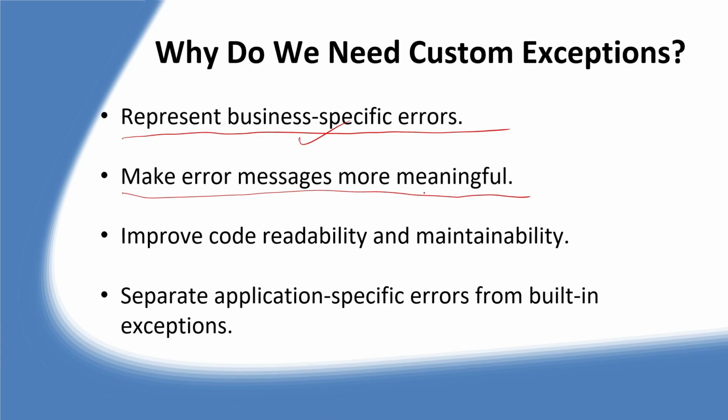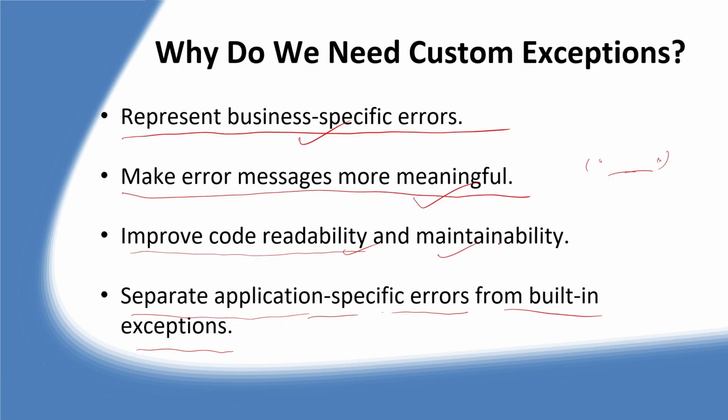So we should give the exception class a meaningful name, and also a meaningful message when throwing that particular exception. It will improve readability and maintainability, and separate application-specific errors from built-in exceptions. We should keep the exceptions we create separate from the built-in exceptions.